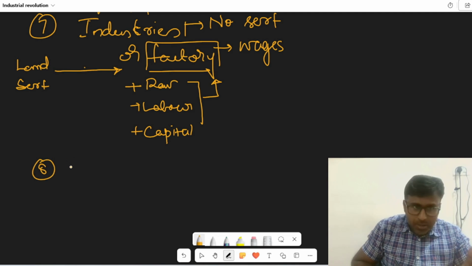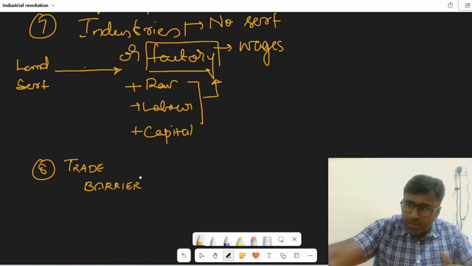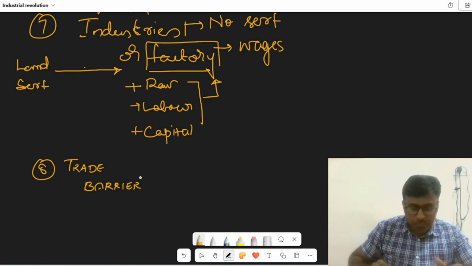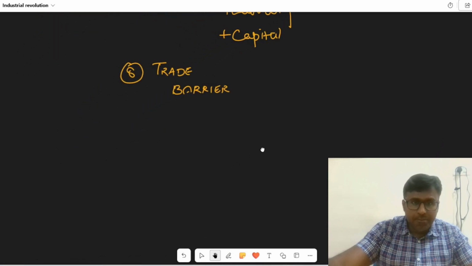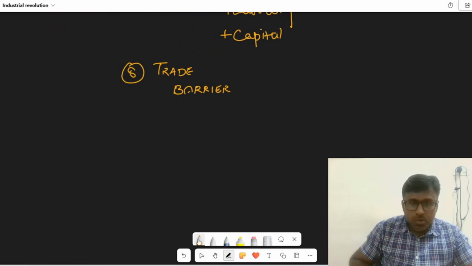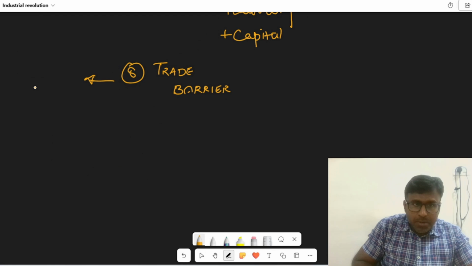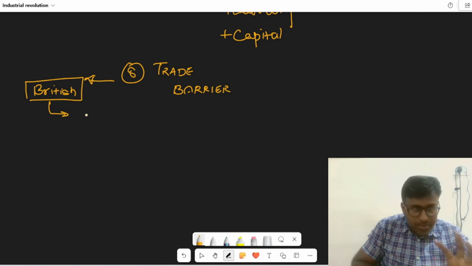There is a trade barrier. The example is the Navigation Act. You should know that the Britishers had a mercantilism policy.